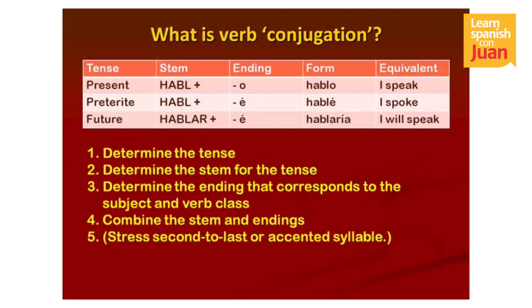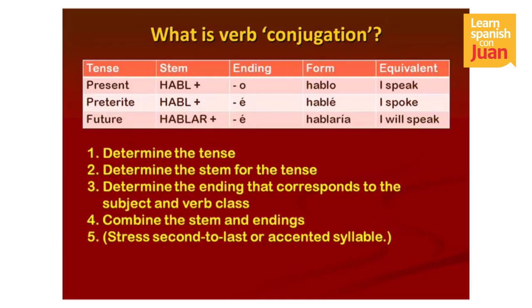When we conjugate a verb in a particular tense, we start with a stem that's used as the basis for all forms in that tense, and then we add endings that are different for every tense and that vary by subject and verb class. Now, these endings signal who or what is associated with the action, what the subject is, the time frame of that action, and other information relevant to its functioning and range of meanings.